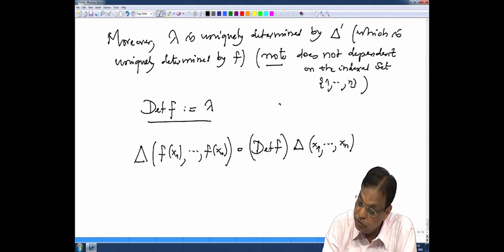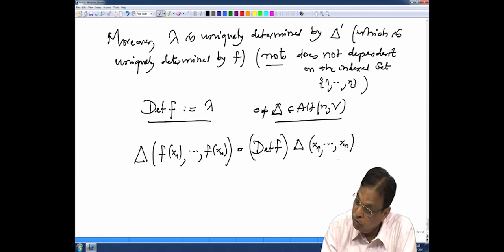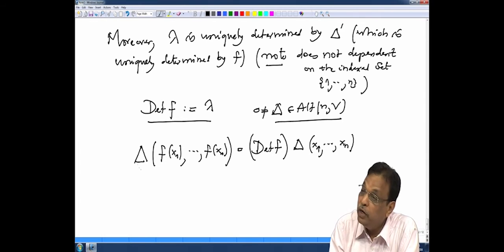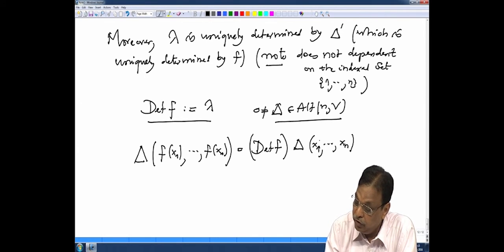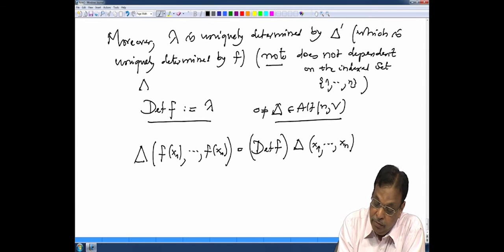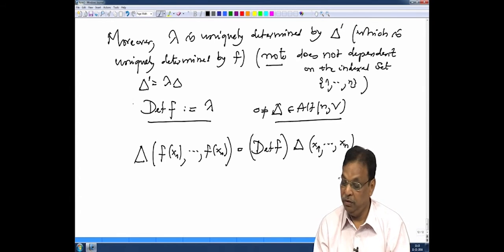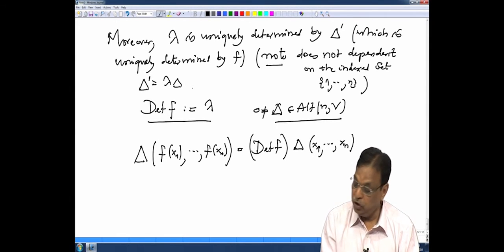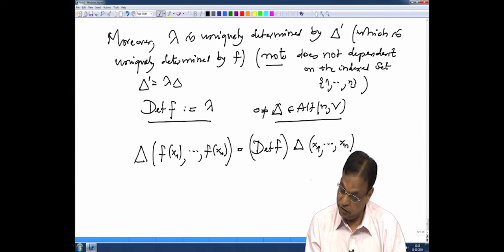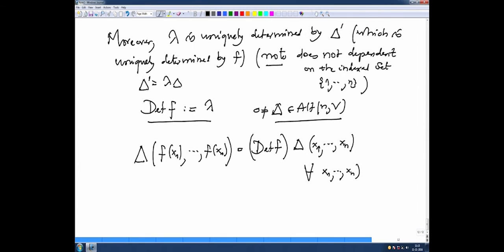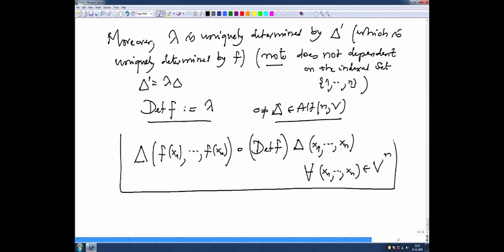This delta was given to us in Alt V, non-zero. So, when you say delta prime equal to lambda times delta, that means on any tuple they are equal. When you evaluate this equation on the tuple x1 to xn, you precisely get this, and this is true for every x1 to xn in V power n. This is how the determinant is defined.